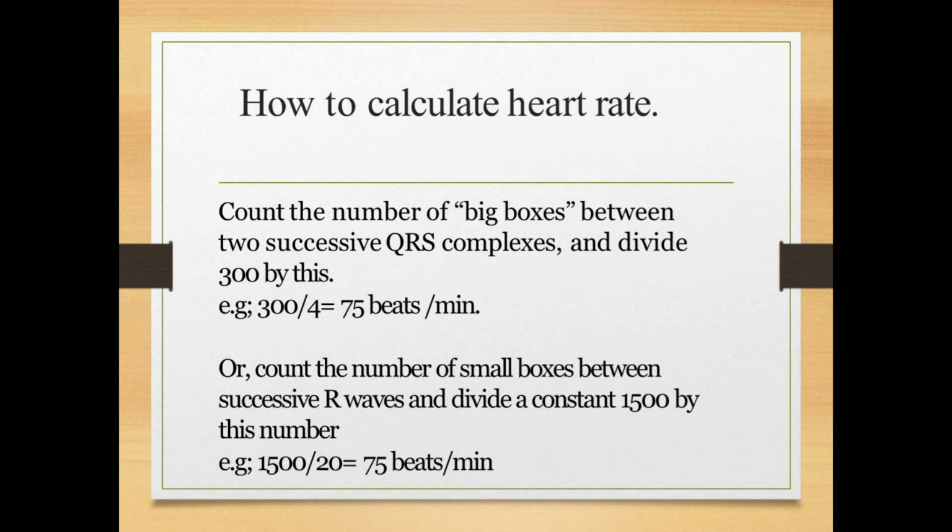Between two R waves, two cycles, you can count the number of big boxes or small boxes. If you're counting the big boxes, the formula is 300 divided by the number of big boxes. If you're counting the small boxes, it is 1500 divided by the number of small boxes between the RR interval. That will give you the heart rate.